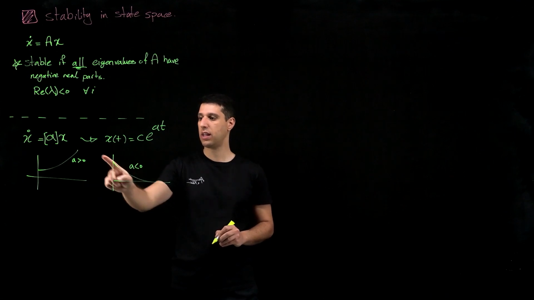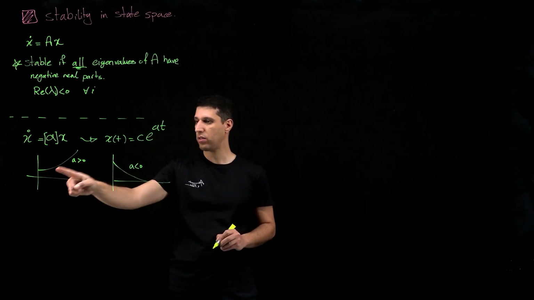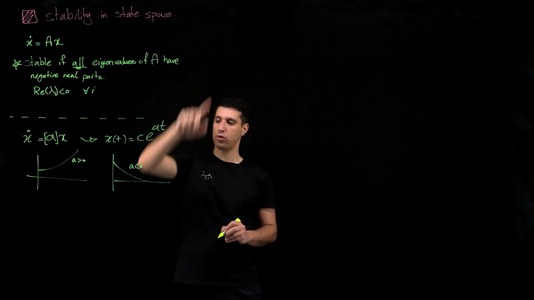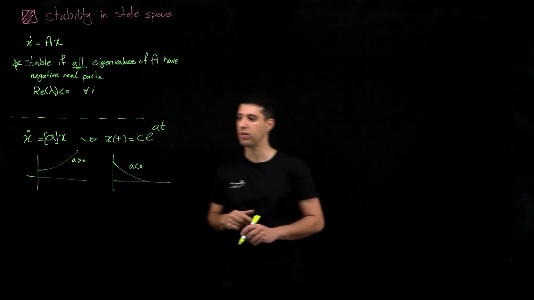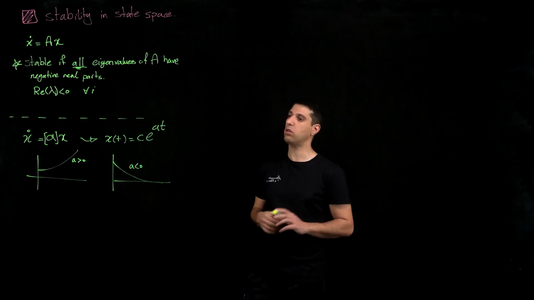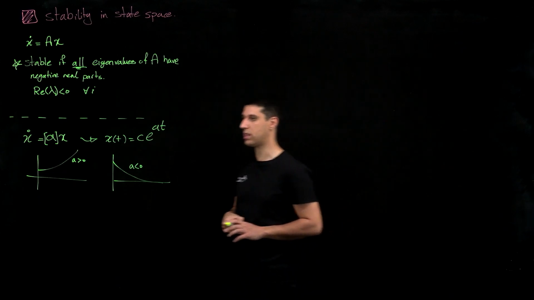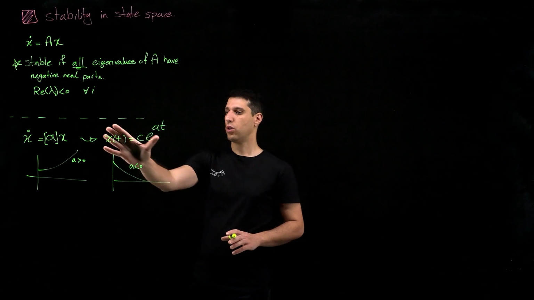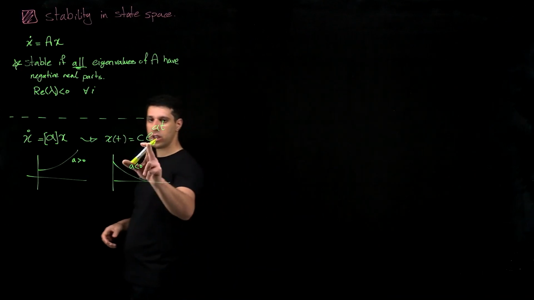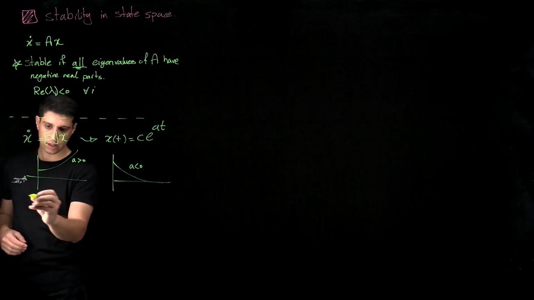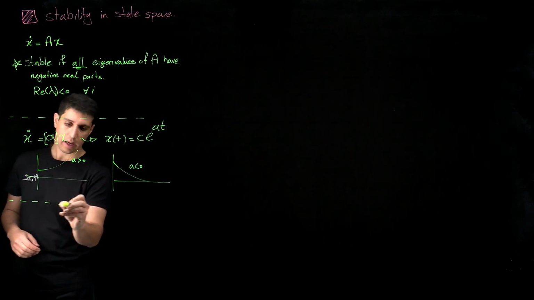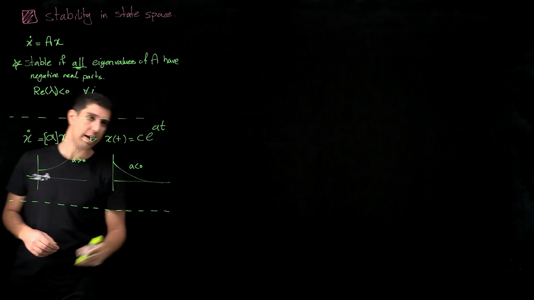If this eigenvalue is positive, your system shoots up to infinity and becomes unstable, but if A is negative, your system converges to zero. In other words, the system is stable. So let's take this analogy that the response looks like that for a system like so, and now let's move to the matrix version of it.